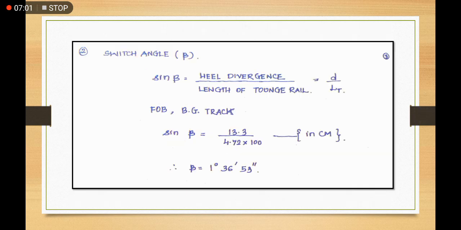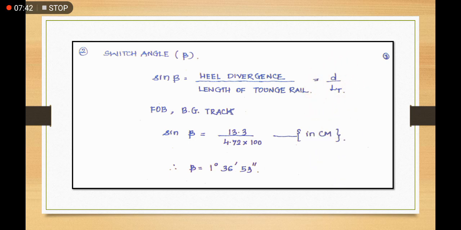Now next we'll move to the switch angle beta. Again here at the tangent point, sine beta is considered for calculating the inclination, and its ratio is heel divergence to the length of the tongue rail. Heel divergence is d, length of the tongue rail is lt. By using this equation one can determine the switch angle beta.